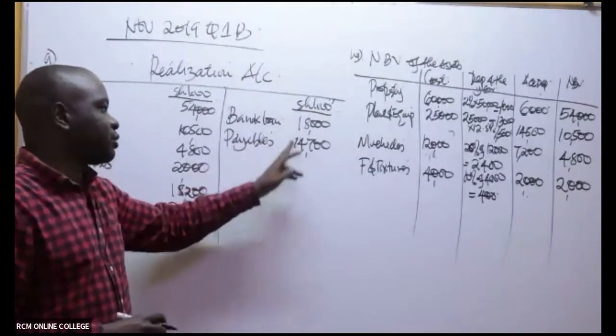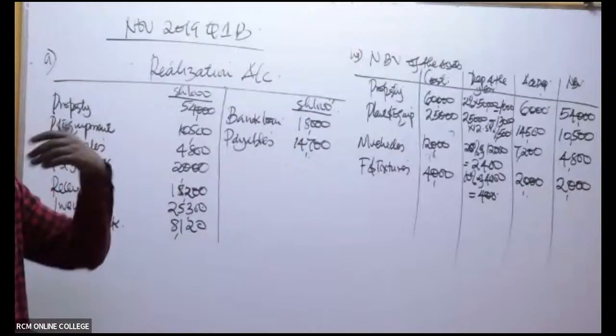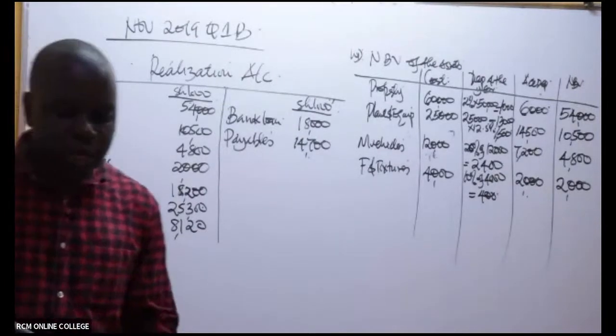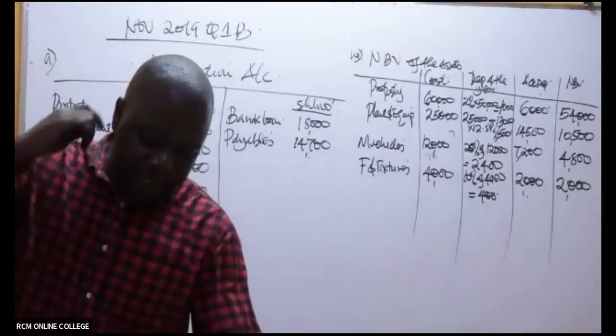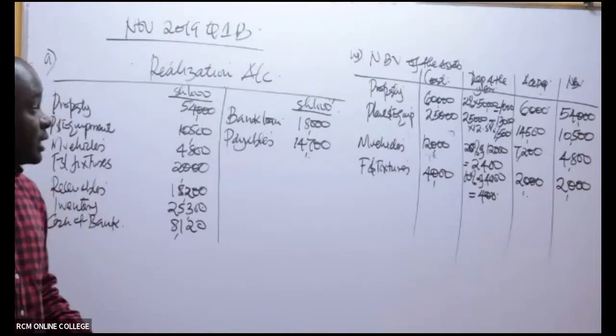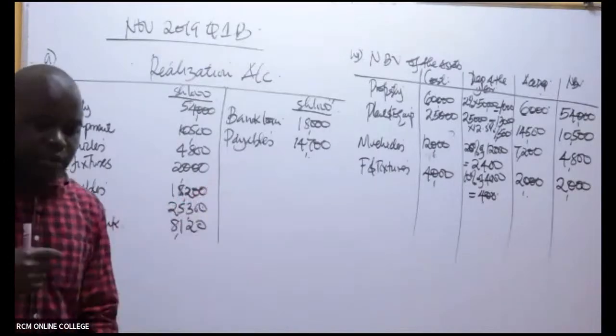So you're getting the liabilities that were taken over. In our format, we've indicated this on the credit side of the realization account. Also, you have to consider the purchase consideration.